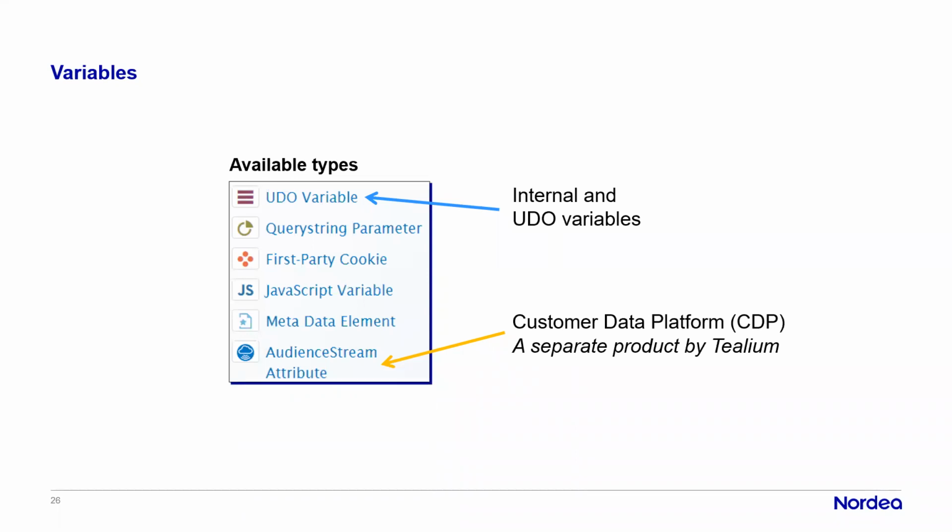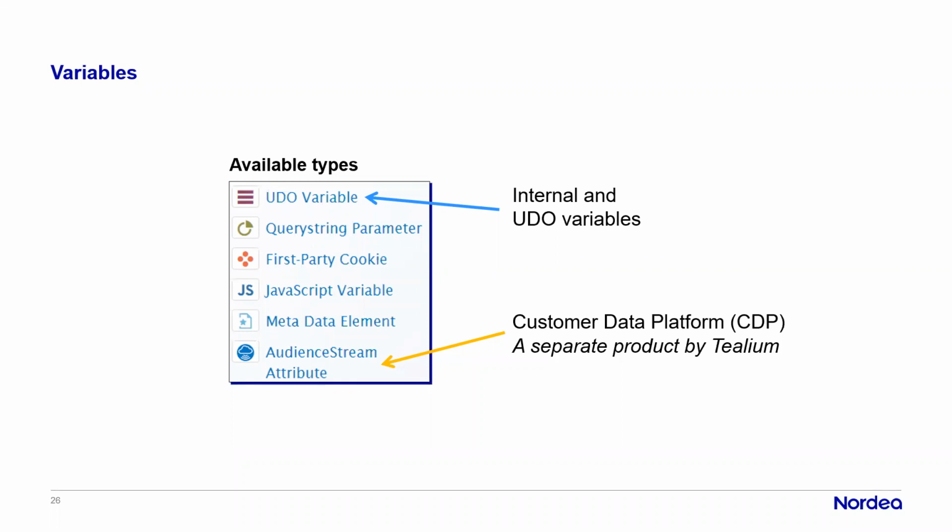But we also have, as you saw in the other tabs, query string parameter, first-party cookies, JavaScript variables, directly referencing variables in JavaScript, metadata elements, and then you have the last type called audience stream attributes.